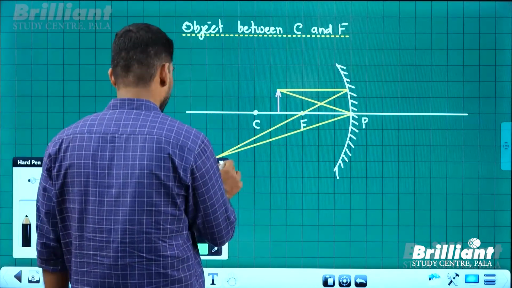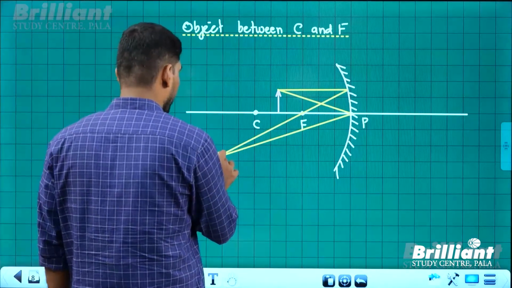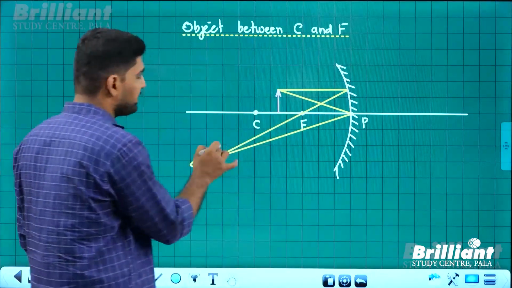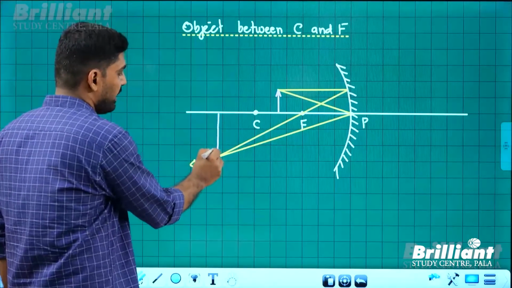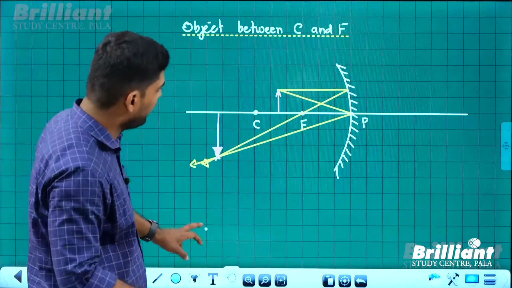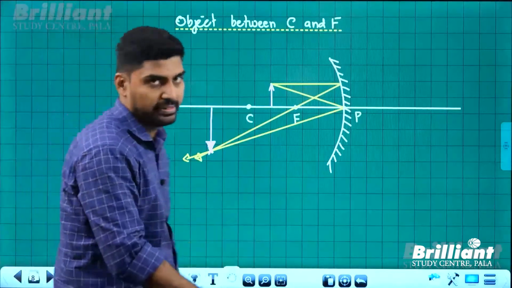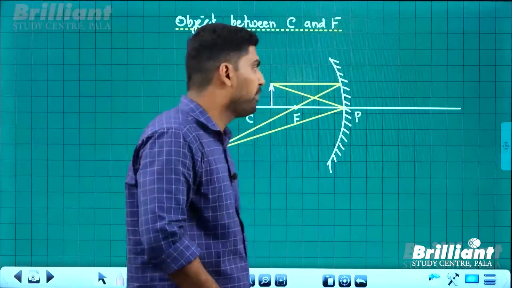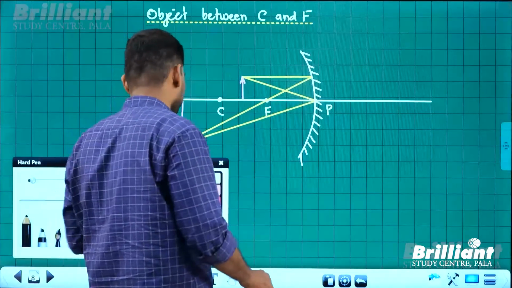So the light rays are meeting over here. The light rays starting from the object meet again at this point. So this is the image. Light rays are actually meeting, so we have a real inverted image. You can see that the image is formed beyond C. So let us analyze the nature of the image.